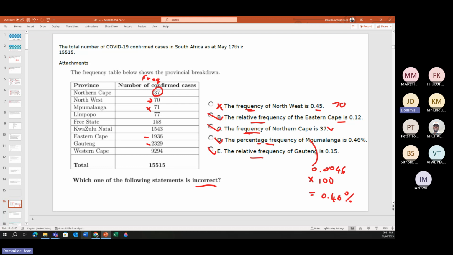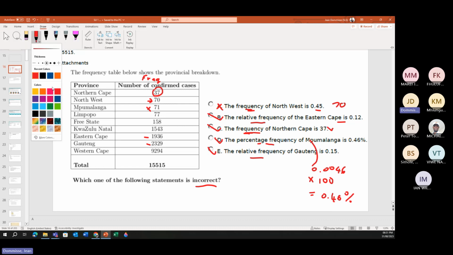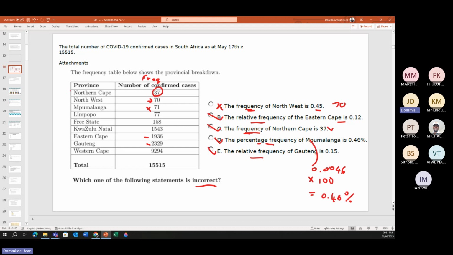So this is when we look at just the pure frequency. They couldn't really have asked us a cumulative frequency in this one unless they asked for the cumulative frequency of two provinces, where we can add the two provinces.